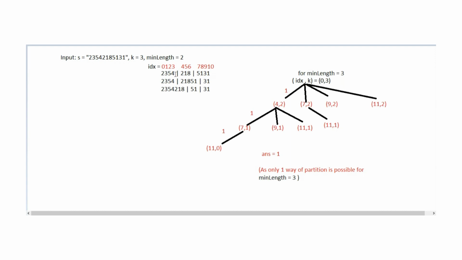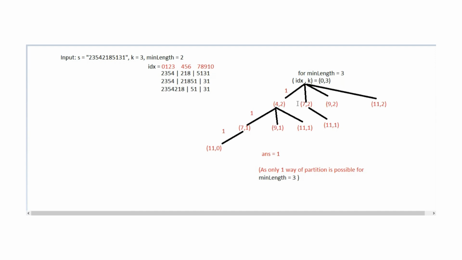The previous string, which is 2354, is ending with a composite number. So this case is following all our conditions, and as we are getting the ending number as composite and the starting number as prime, the partition is possible. So here 4 comma 2 is the valid partition.